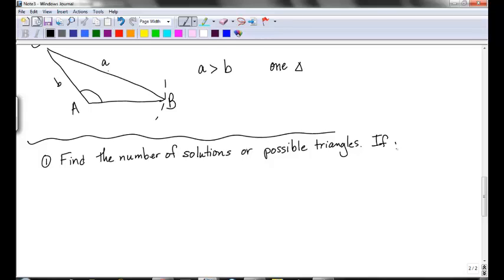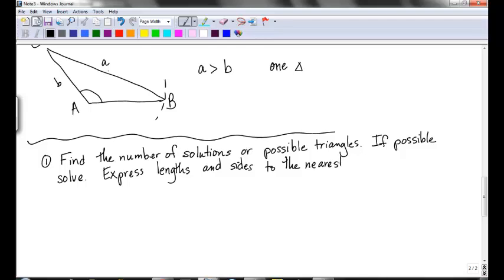If possible, solve. Express lengths and sides to the nearest tenth.